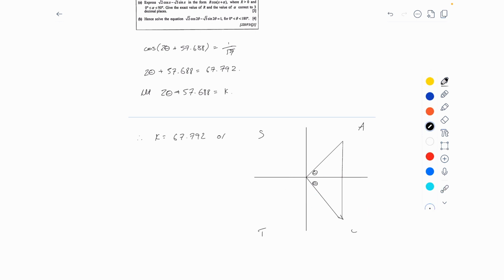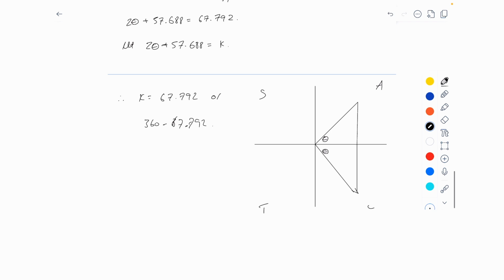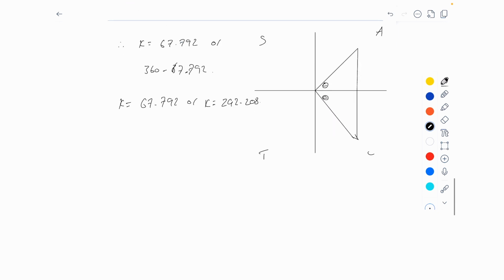And so what's that going to give us? 67.792. So therefore k is equal to 67.792, or k is going to equal 292.208. Okay, brilliant.